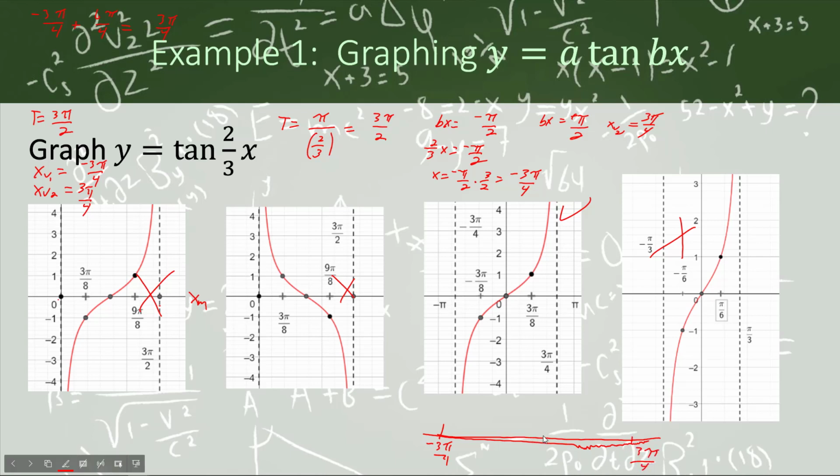And of course, that would be 0. The first quarter, which I'm going to call x1, well, that's going to be halfway between 0 and negative 3 pi over 4. That will be negative 3 pi over 8. And then the third quarter will be positive 3 pi over 8.